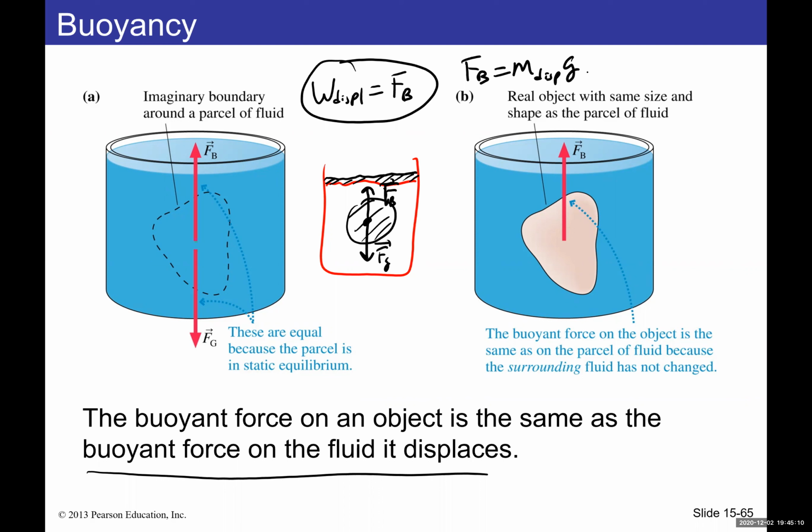One thing we talked about last time is that whenever there is a mass, we would like to replace it with density times volume. So I can replace this with the density of the fluid times the volume of the displaced fluid, times g. That means I can write it in terms of this.